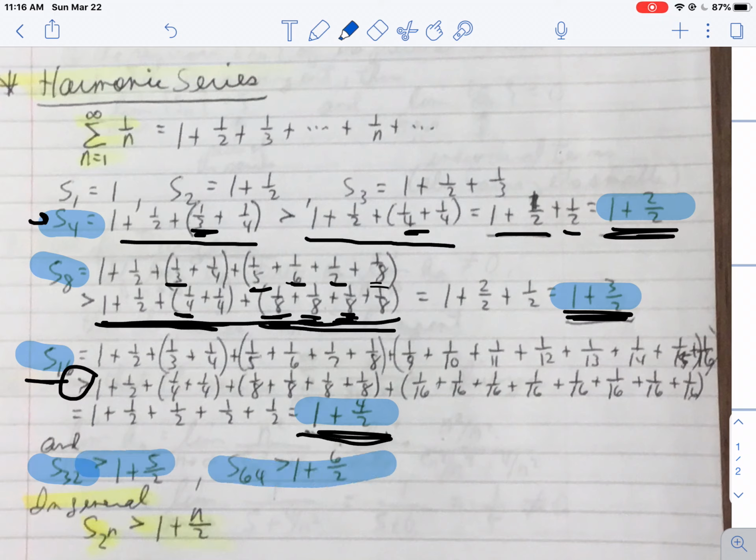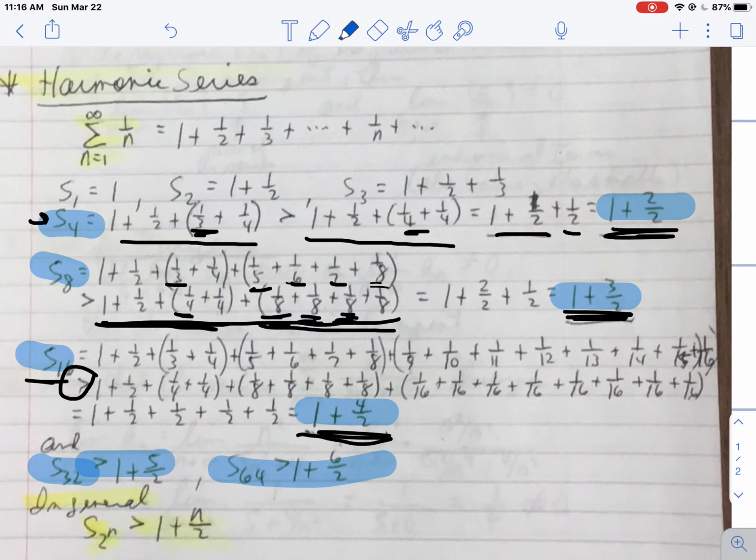But notice each of those subscripts, 4, 8, 16, 32, 64, is 2 to a power, right? That's 2 squared, 2 cubed, 2 to the 4th, 2 to the 5th, 2 to the 6th. And notice that the numerator in each of those fractions, 2, 3, 4, 5, and 6, corresponds to that exponent value. And so we end up coming up with this formula.